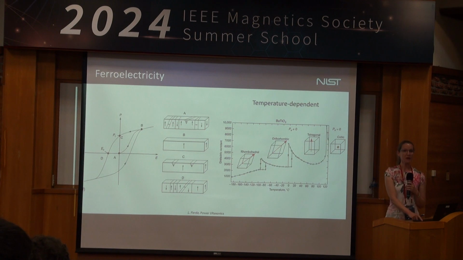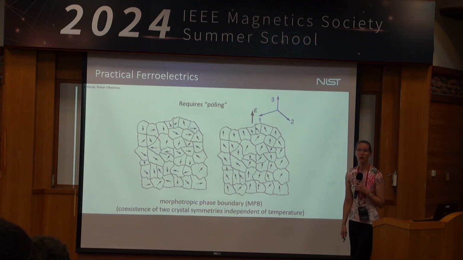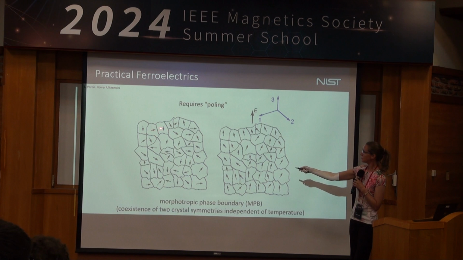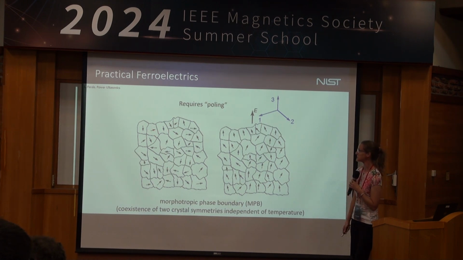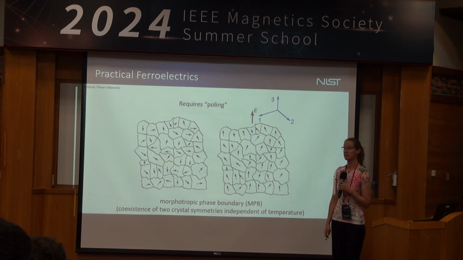So this is great, but how do you make a practical ferroelectric? Because most of the materials that we make are polycrystalline, you end up with something that looks like this. Your crystallographic axes are pointing in all sorts of different directions, and if you try to measure a piezoelectric effect on this material, it averages out, and so you get nothing.